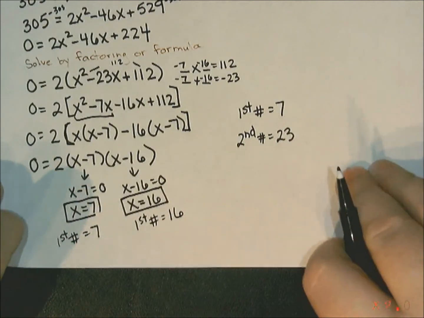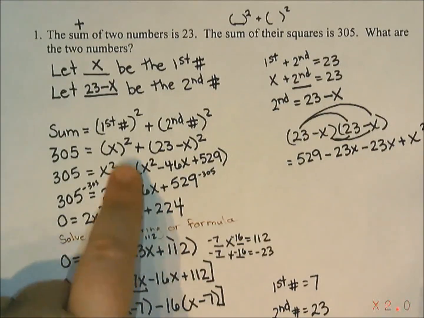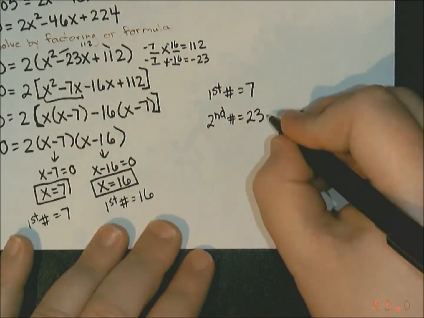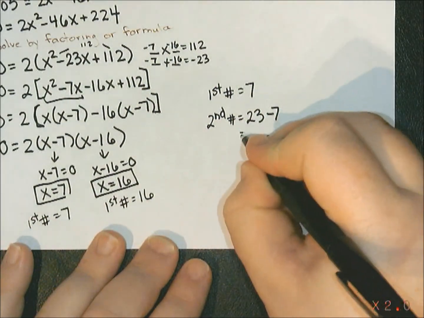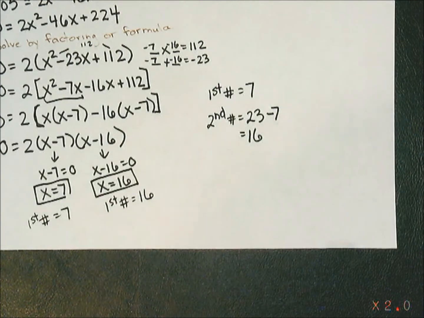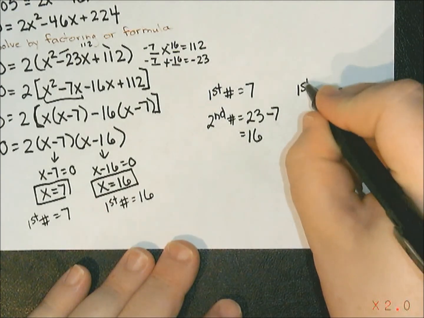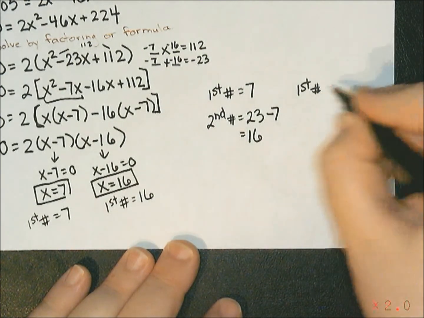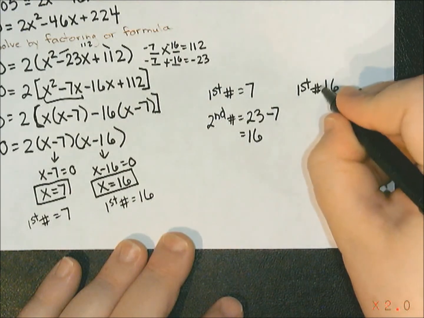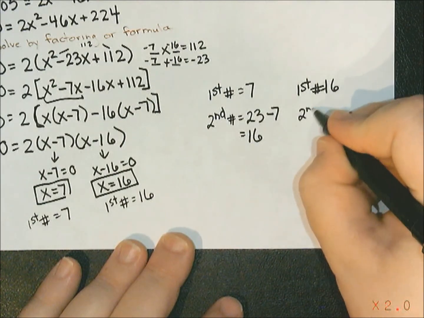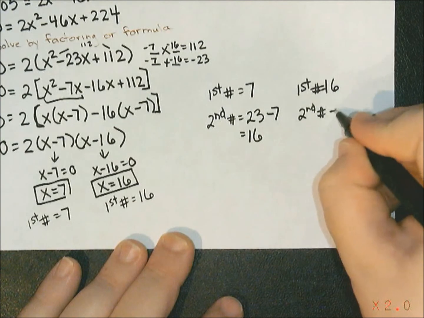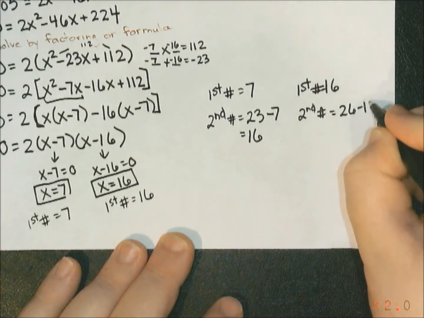That's what our let statement said here. We said we were going to let the second number be 23 take away x. So if I do 23 take away 7, well, look at that, I get 16. And if the first number was 16, then the second number is going to be 23 take away 16, which is 7.